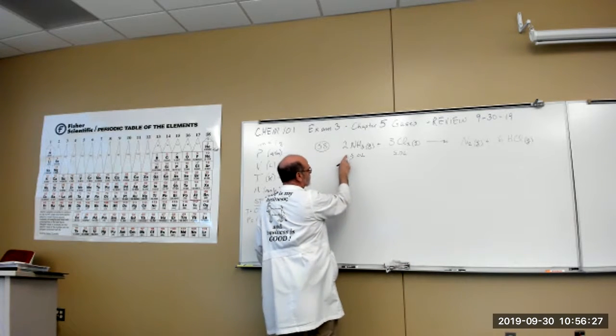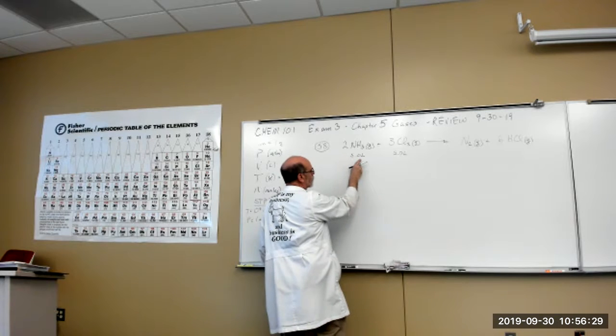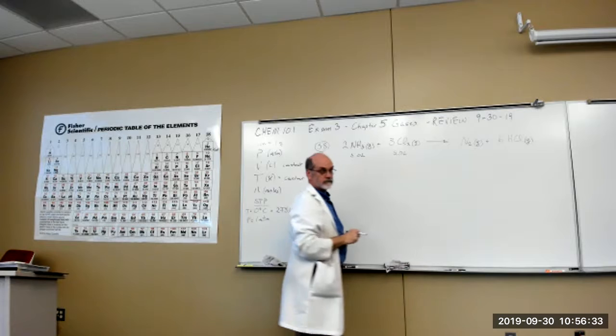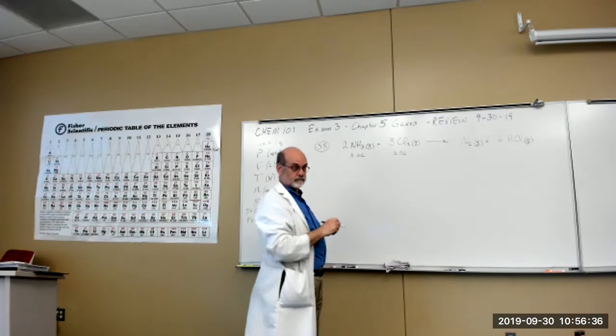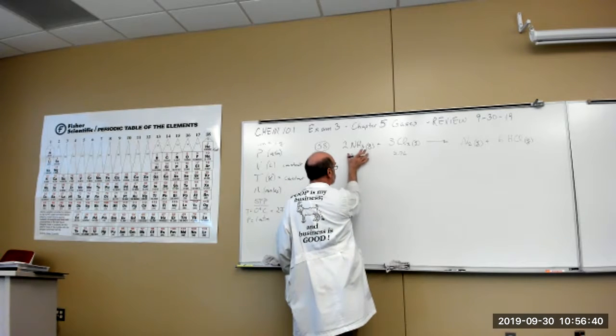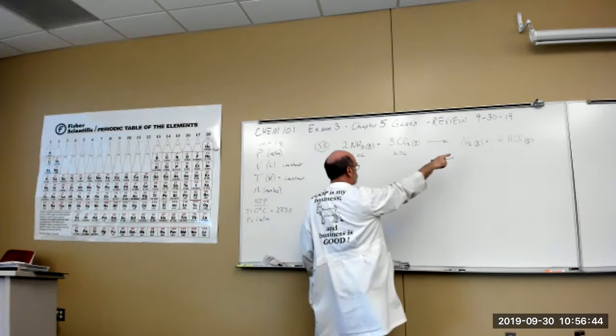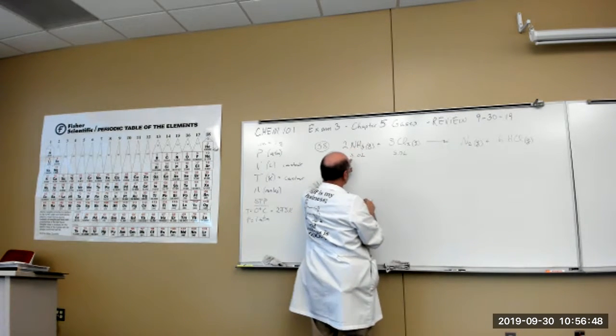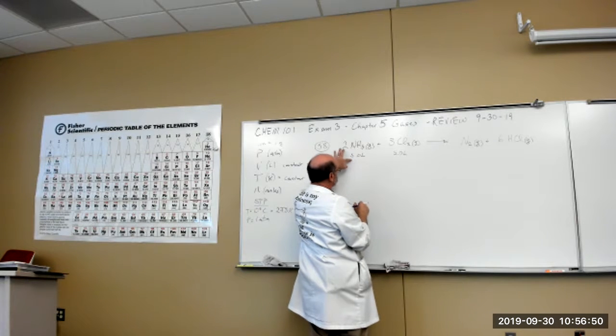So in this case, for every 2 liters of ammonia, we need 3 liters of chlorine. Okay? So if we react all of the ammonia, how much of the gas do we get over here? Well, 5 liters of ammonia.